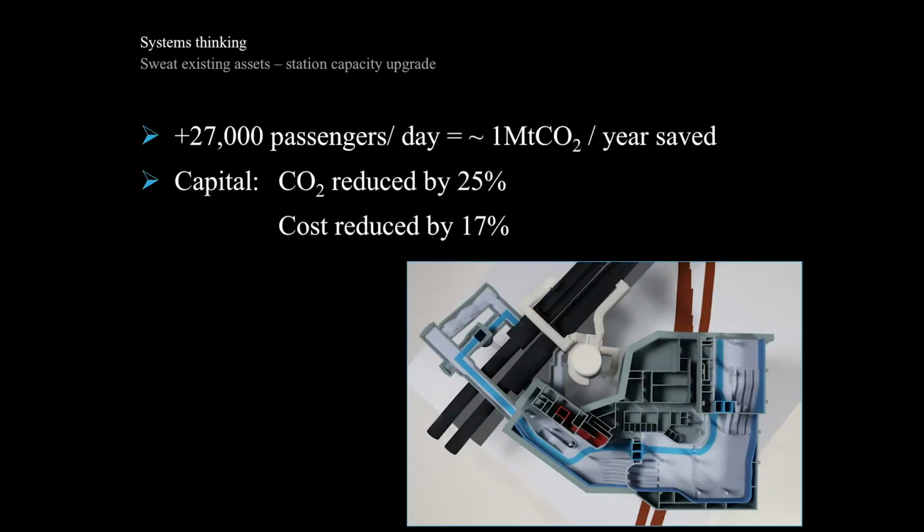My third example is about existing infrastructure assets. This is a small project we did with London Underground on upgrading the passenger capacity of existing London Underground stations, in this case Elephant and Castle in South London. Most of the developed countries have already got the majority of the infrastructure in place, but this infrastructure is either aging or not fit for purpose or needs a big push to become functional and efficient again.